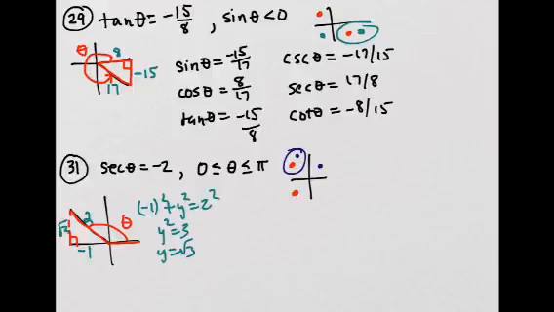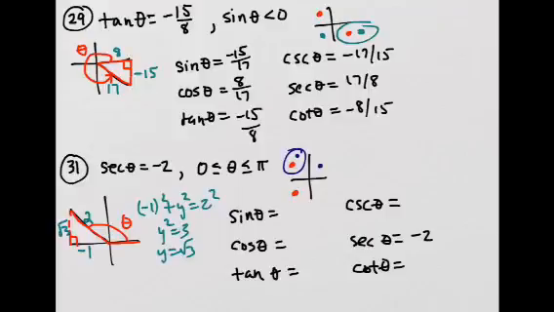Okay? And again, these are ratios of a special angle. It's not a unit circle, but the ratios are the same as for one of our special angles. So this one's going to be a 120 degree angle. Let's see. So sine theta, sine is y over r. Cosine is x over r.